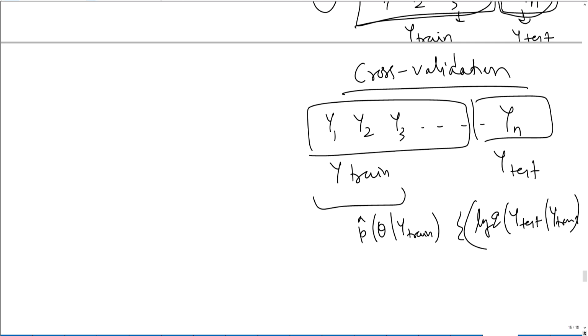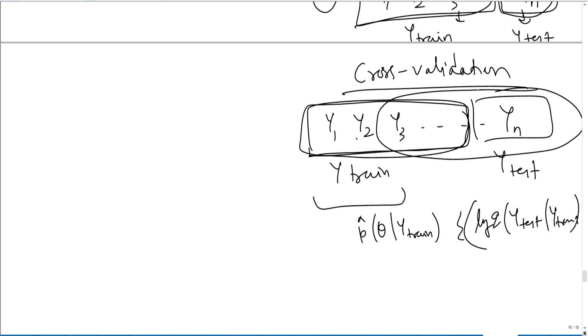And this thing we do for multiple iterations. In this case we have used, let us say, the first 80% of the data points as the train data. In the next iteration we will use some other portion as train data.